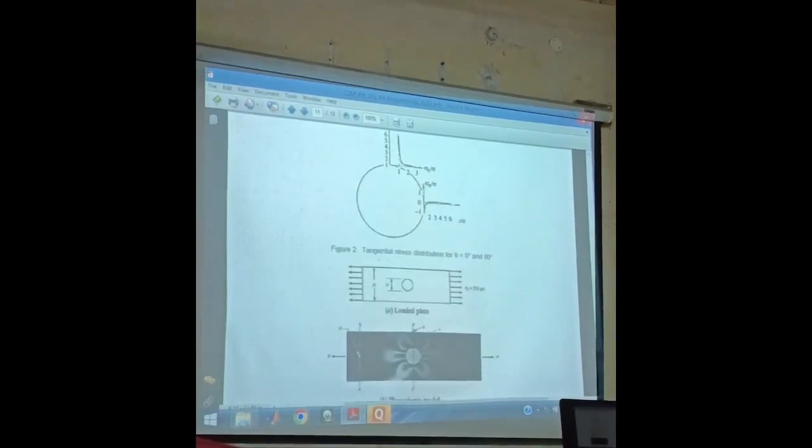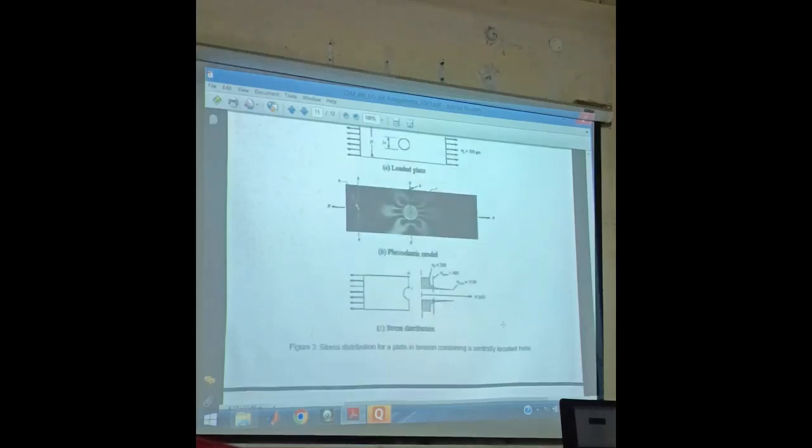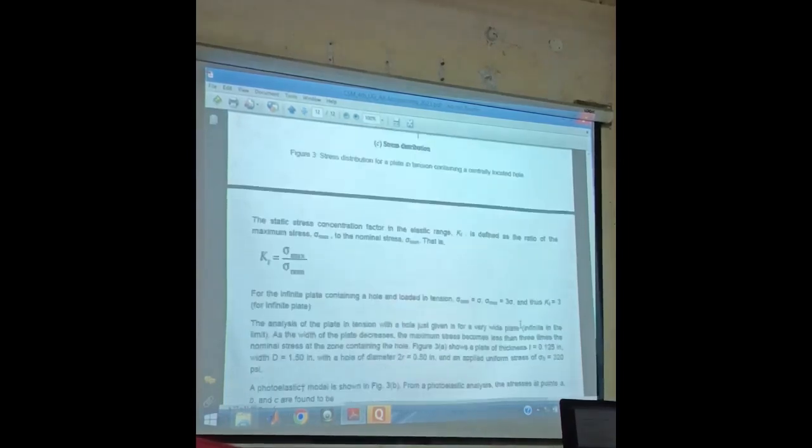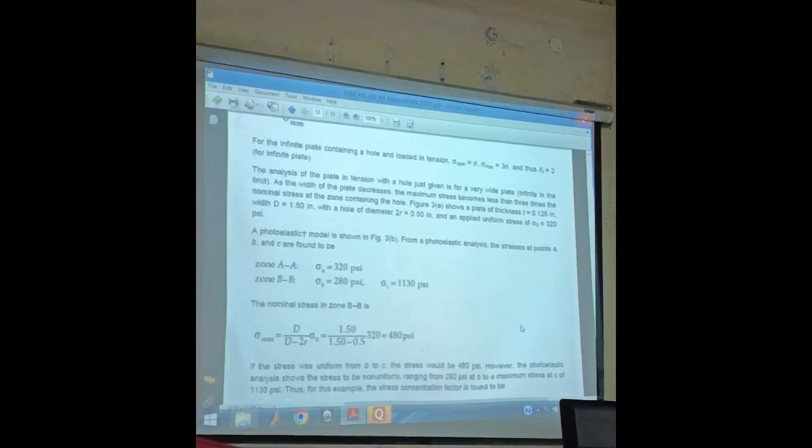Next, when the width is capital T and it is comparable, there will be some effect, and that effect has been shown here. I have given it in the study material. So this variation will not be 3 in that case. It will be different.